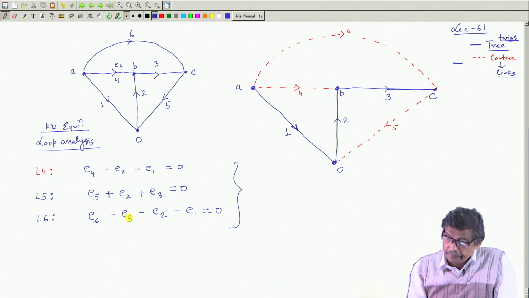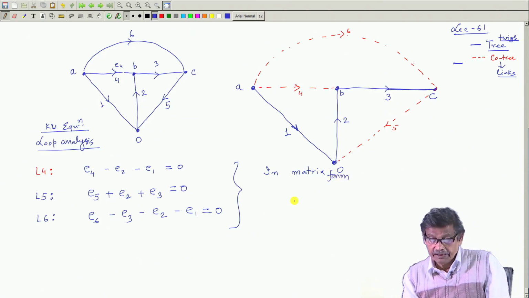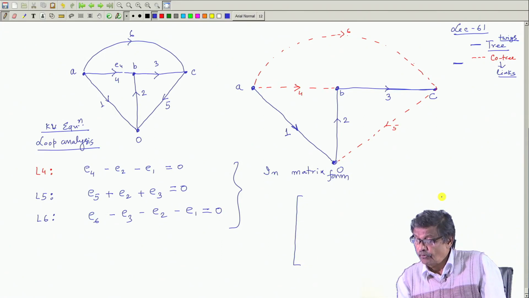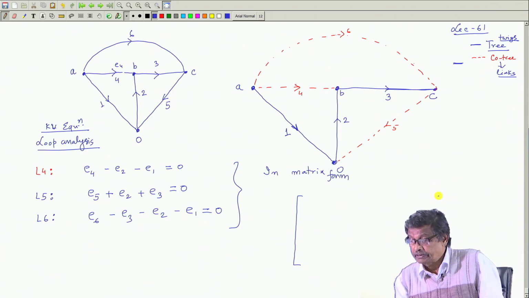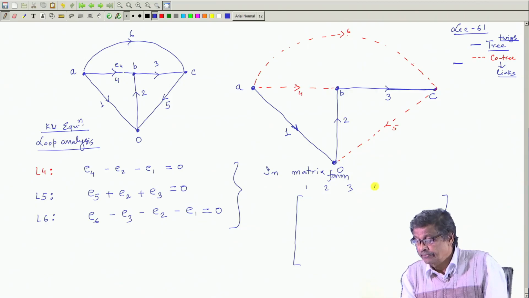What is that? In matrix form, this equation will be written like this. All the 6 voltages of the elements may participate in these equations. So, here it will be 1, 2, 3, 4, 5 and 6.